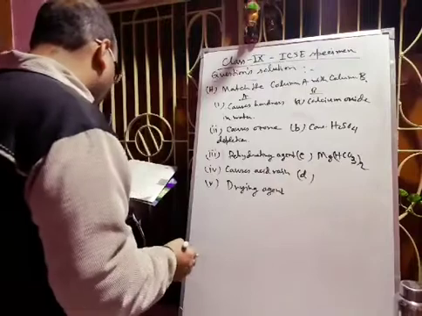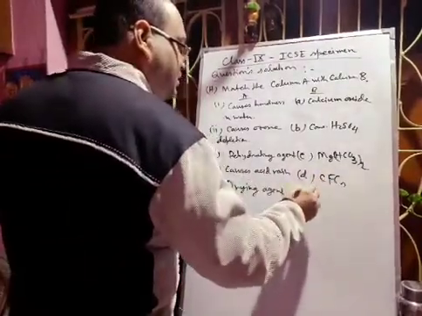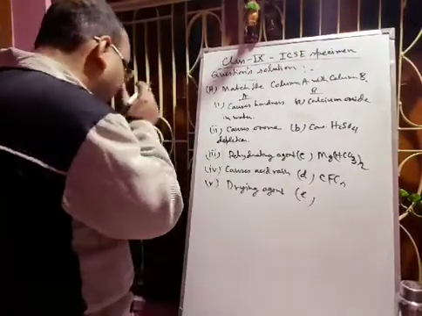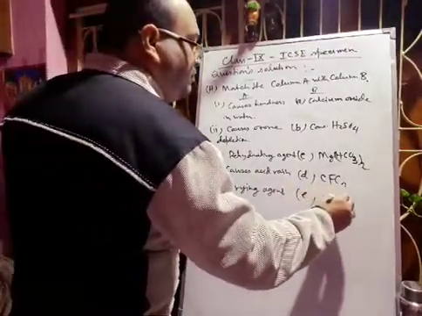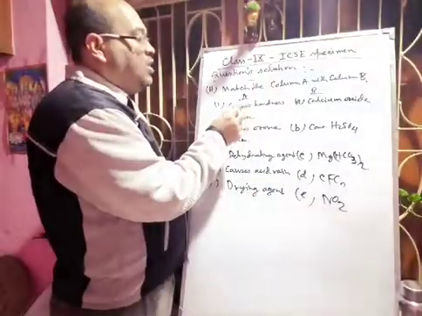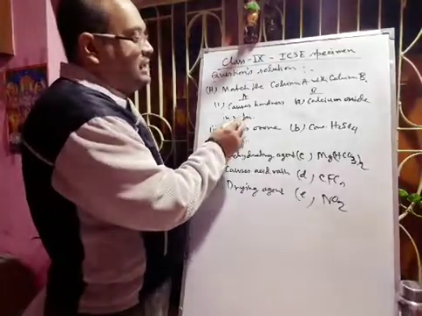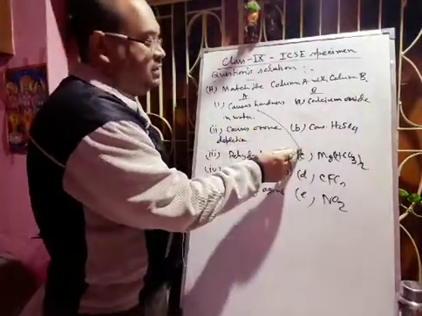Option D is given chlorofluorocarbons, CFCs. Option E is given nitrogen dioxide. So definitely here causes hardness in water, it will be magnesium bicarbonate. That will be the answer.